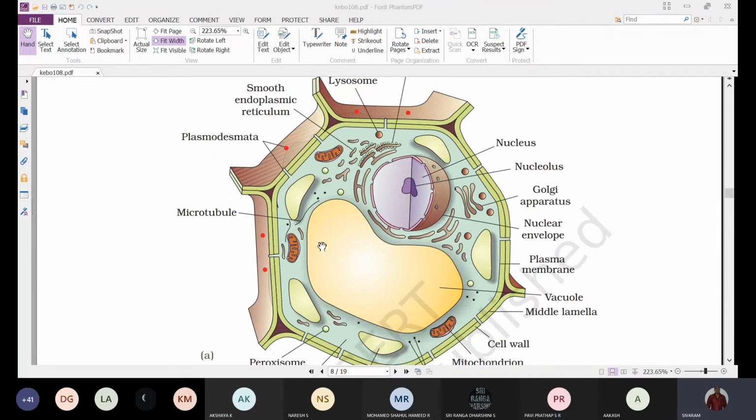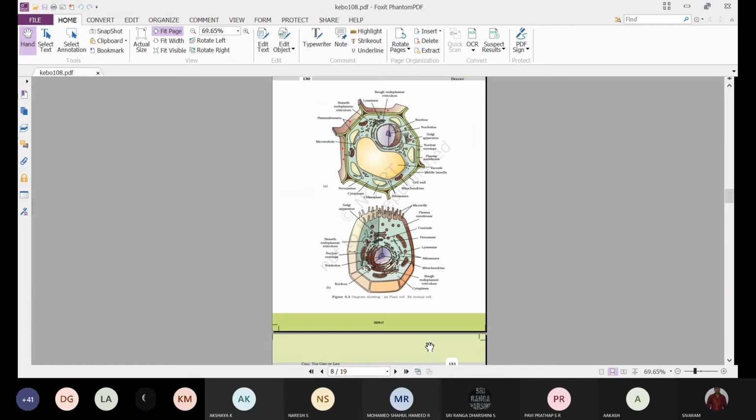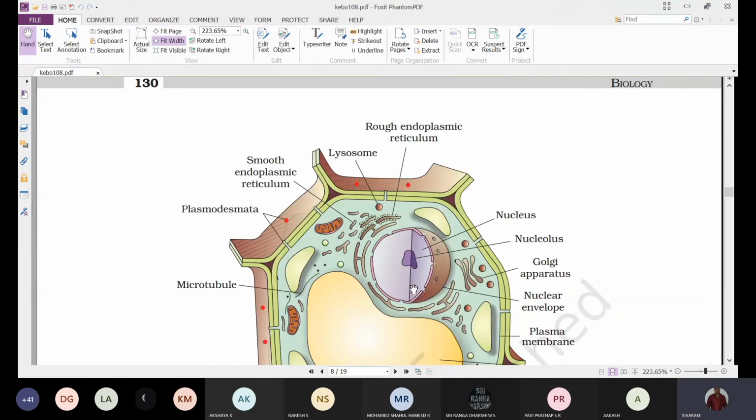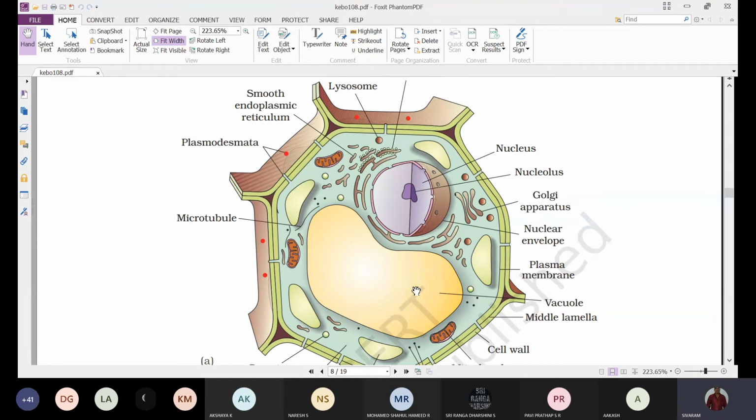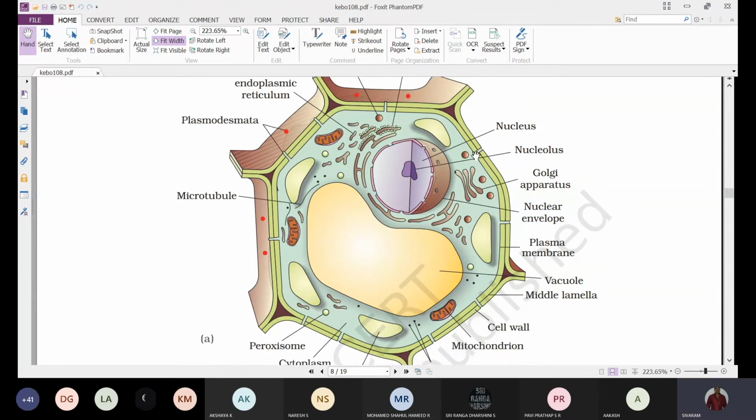You can see here the plant cell and animal cells. This is the plant cell. You can see the cell wall, and we'll find the plasma membrane.